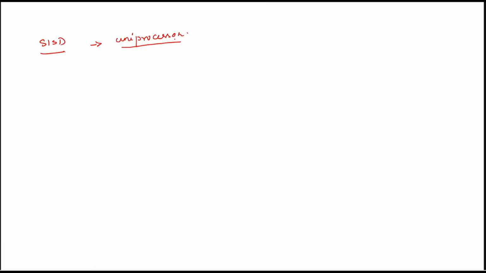Pipelining. When you want to achieve parallelism in a uniprocessor, it can be done with the help of pipelining. It's instruction level parallelism.